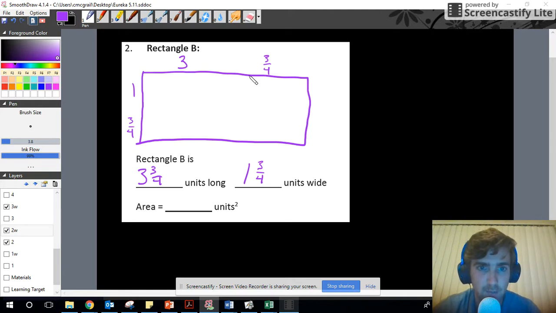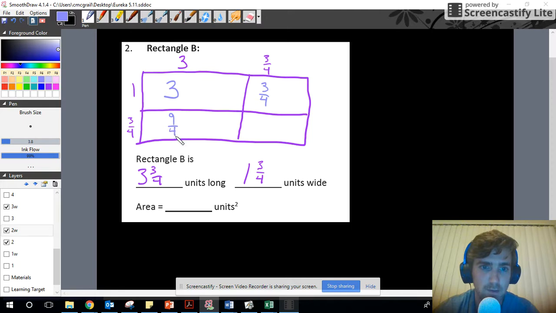Just like the last problem, I'm going to split it into whole and fraction. And in the end, I can add all of these up together. So let's start with our whole numbers. 3 times 1 is 3. 1 times 3/4 is 3/4. 3 times 3/4 is going to be 9/4.